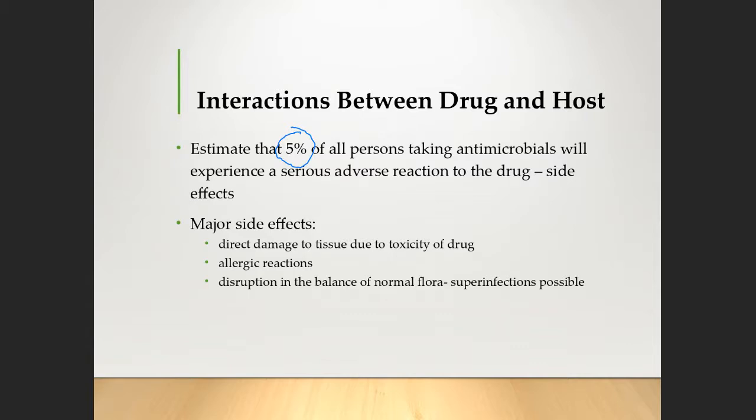For example, the side effect could be direct damage to the tissue due to the toxicity of the drugs. Like for example, HIV drugs usually cause this problem to the user. Okay. Allergic reaction. Some people have an allergic reaction against penicillin, for example, or maybe a disruption of the balance of the normal flora. And when that happens, it can cause what we call superinfection.